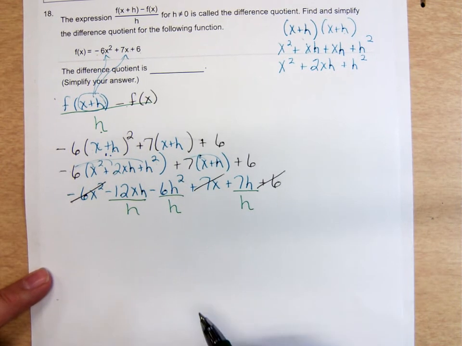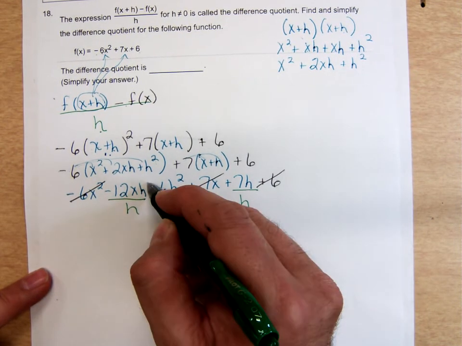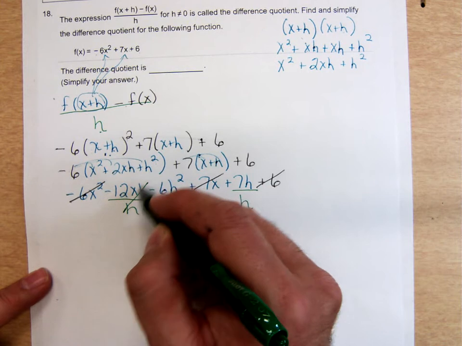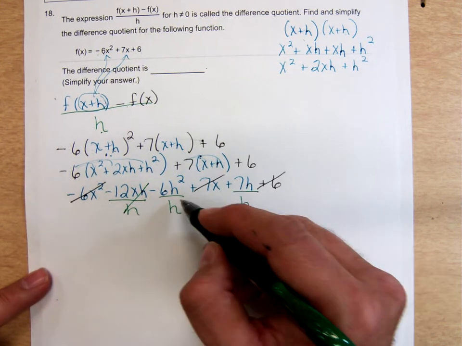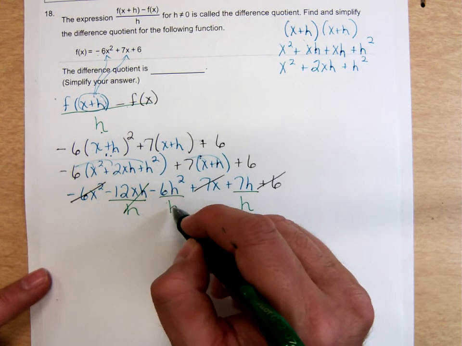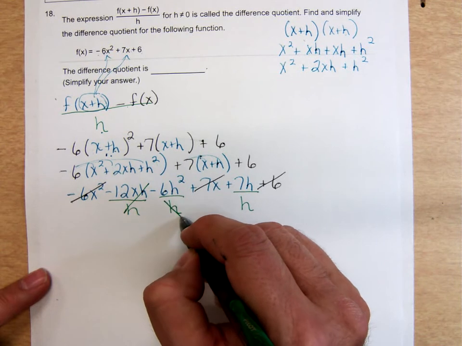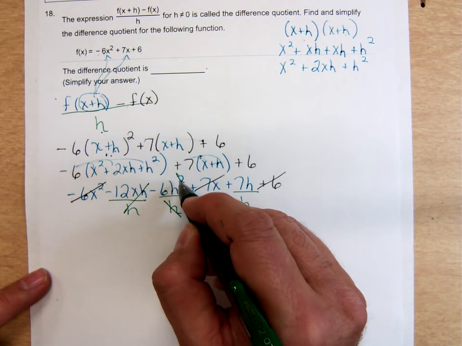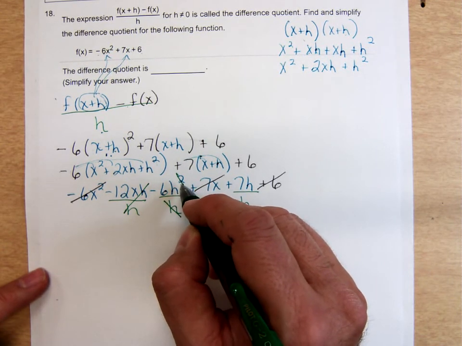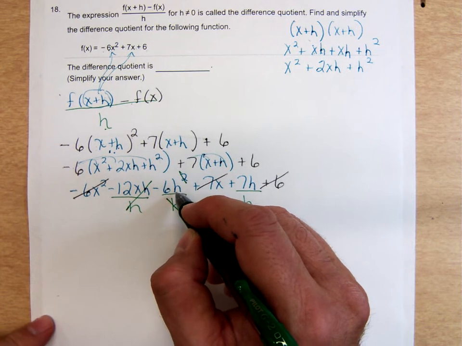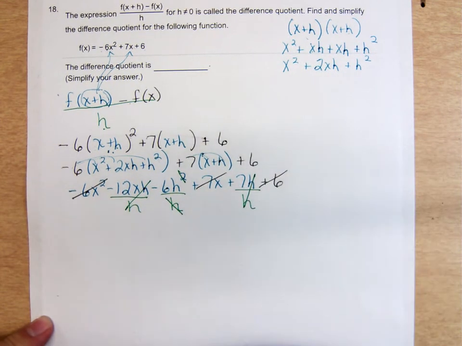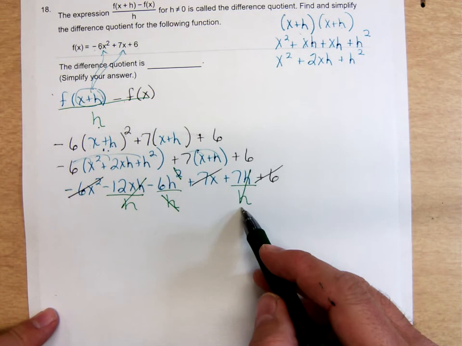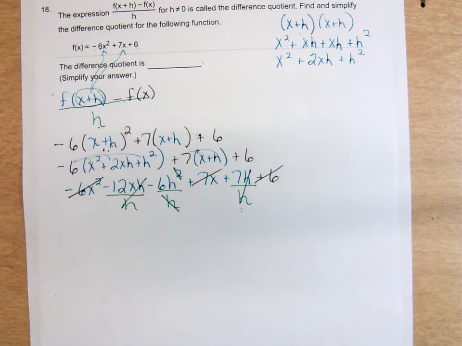Right here, those cancel. The blue h and the green h. Here, on the second one, the green h cancels one of those h's on the top. So I'll just mark out the exponent. I'll mark out that square. And then there. On the last one, the h's cancel. Oh, wow. What's remaining? Let's see.